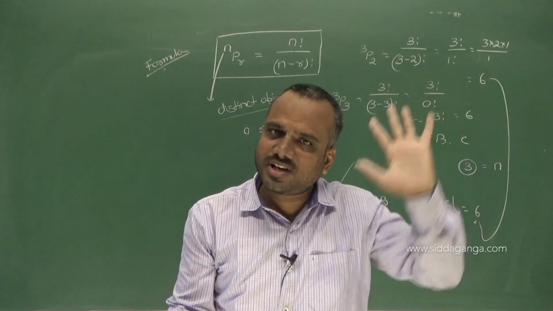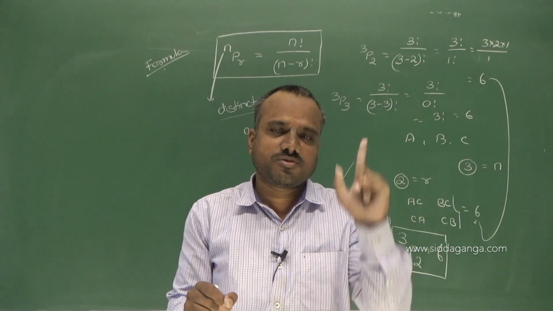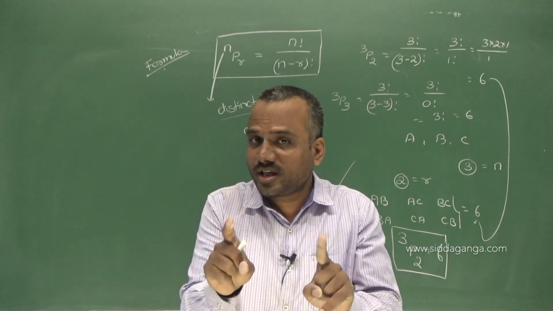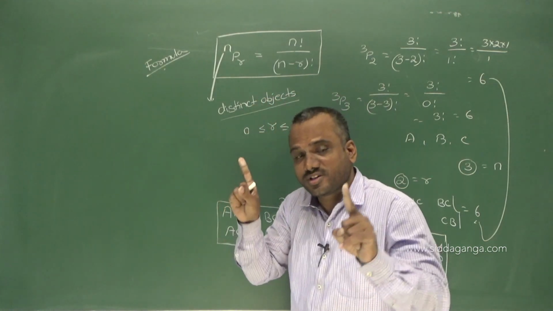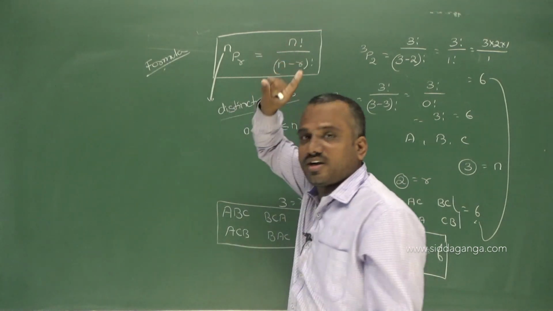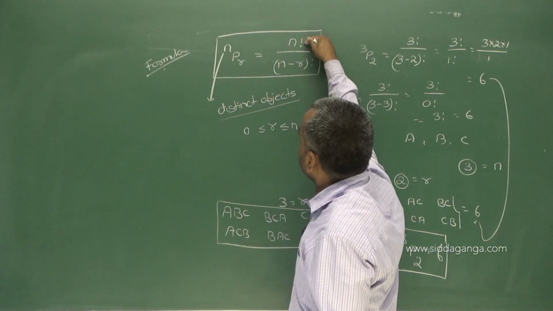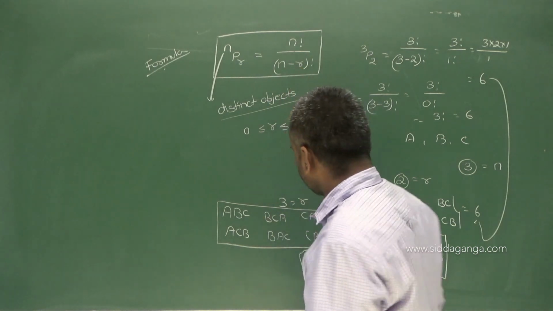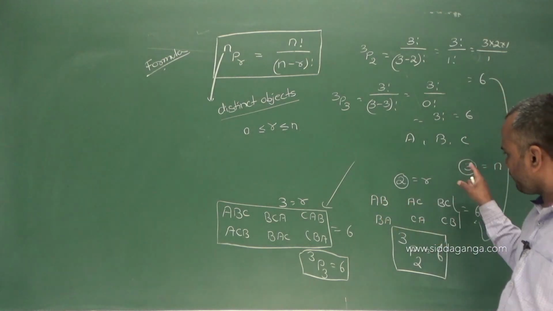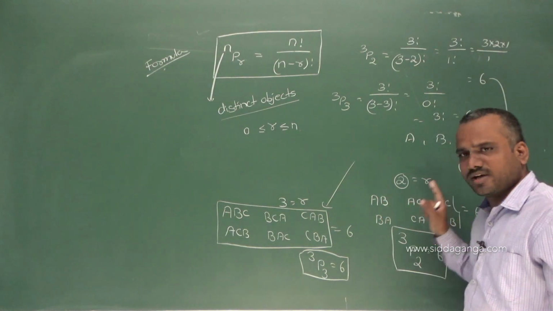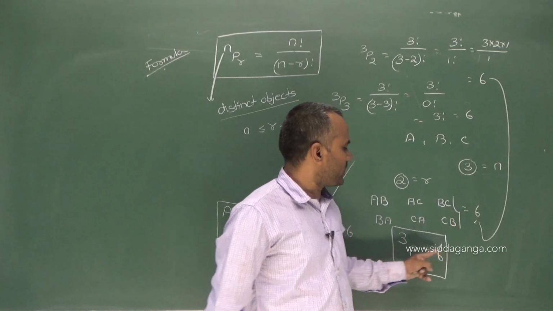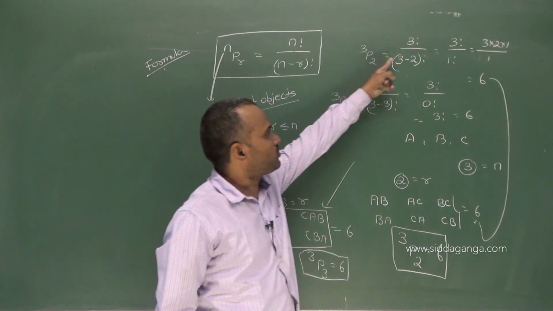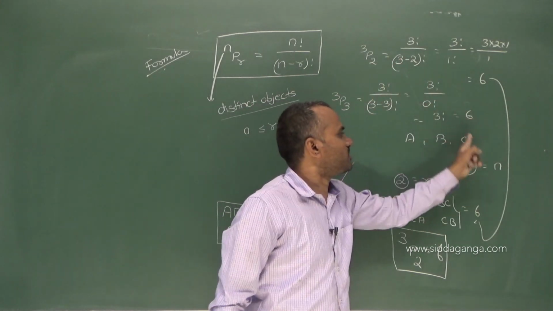Similar objects we will see later. So we arrange 3 objects taken 2 at a time: 3P2 is 6, and 3P3 is 6. We substitute in the formula also, and we get the same result.